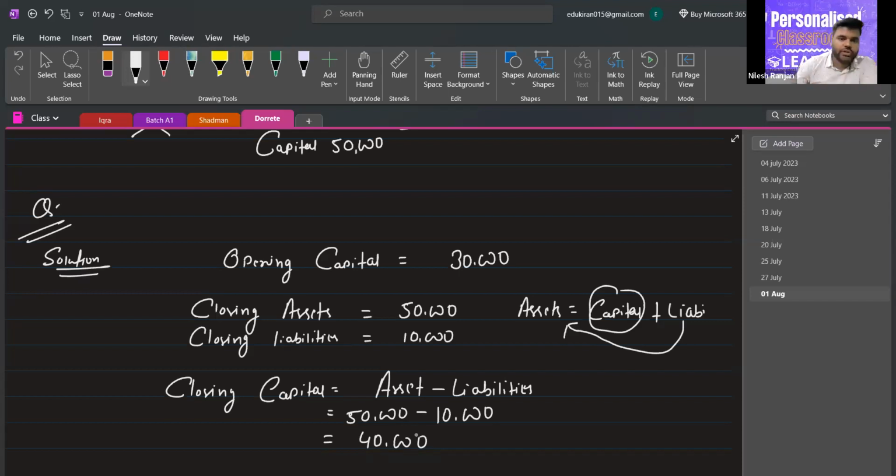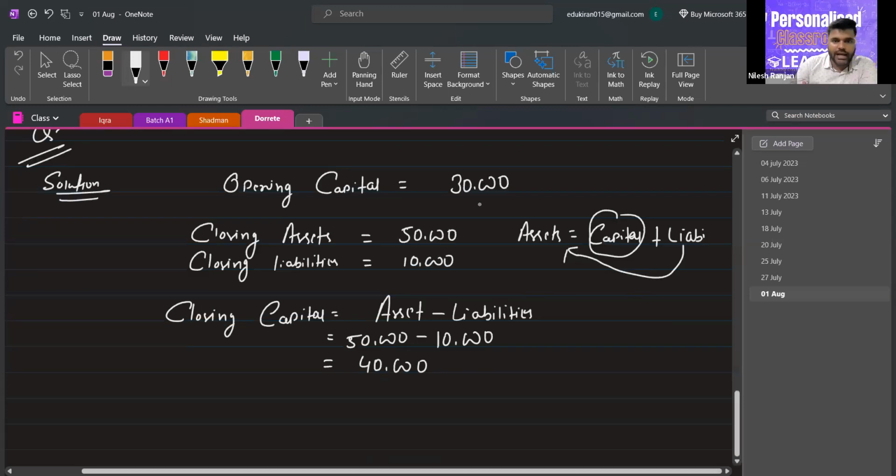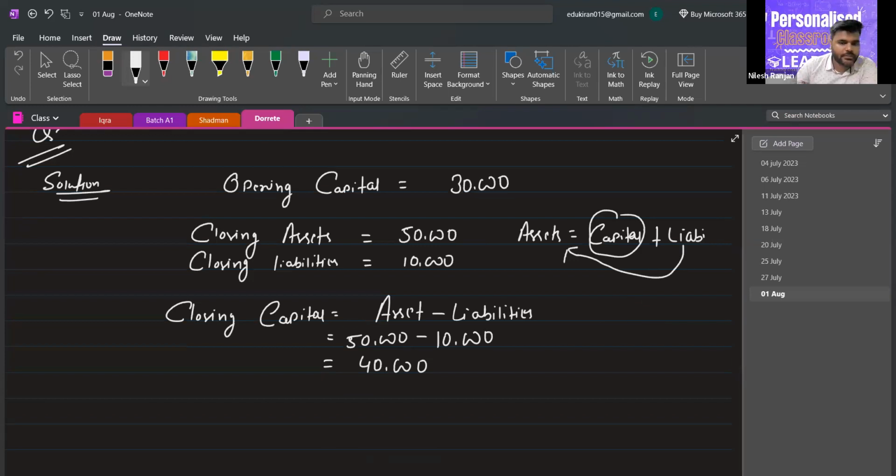Okay. So in this question, our capital is increasing by 10,000. Now, is there any information on additional capital? No, sir. No, there is no additional capital given in the question.